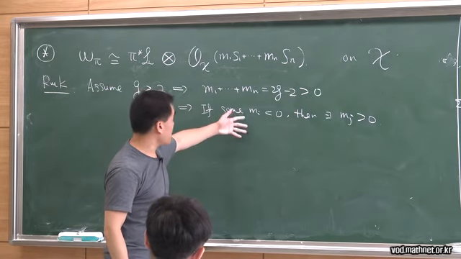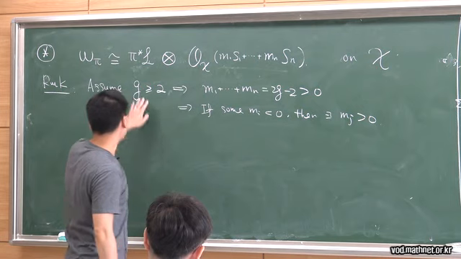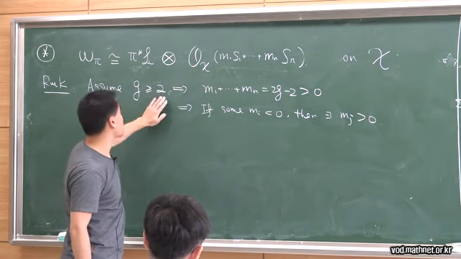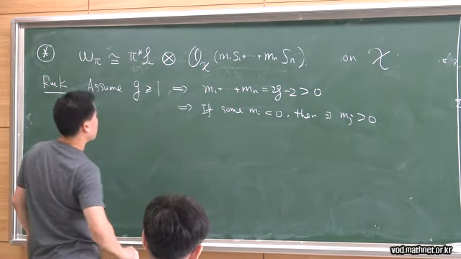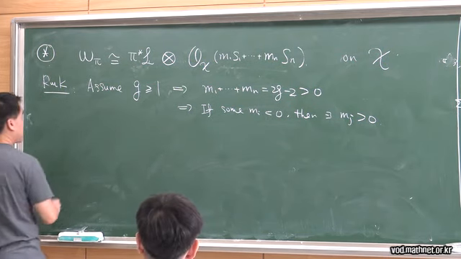So my assumption tells me I have some poles, so it forces there must be some zeros. I think it even applies to the case genus equal to 1, but it's okay. Low genus, you can check by other methods directly.